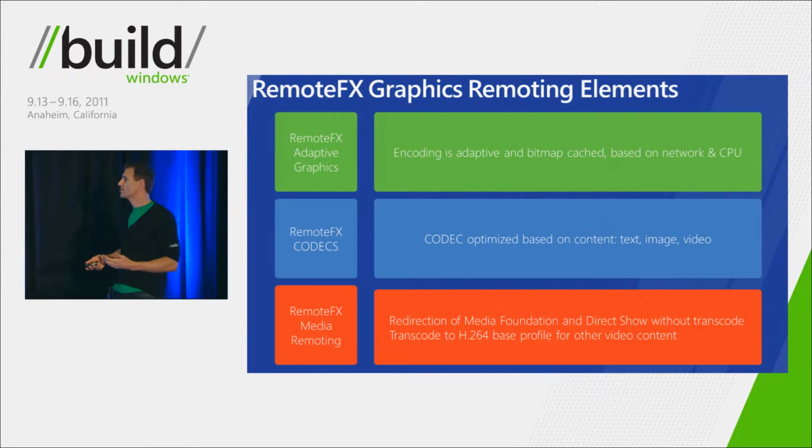And then lastly, with RemoteFX and Windows 8, we have the multimedia remoting that some of you are probably familiar with, where we take things like Media Foundation and DirectShow, and we take data and send it. Basically, we don't decode it on the server. We actually just send the content for decode on the client. So we still have that. But we also have a new mechanism where we can transcode content.